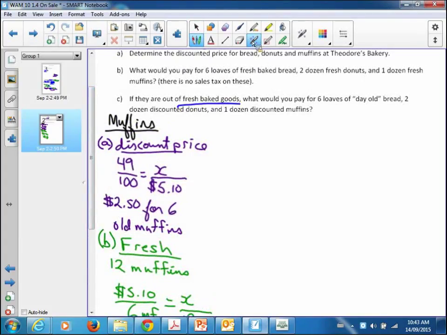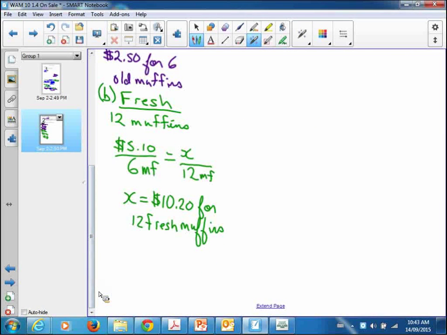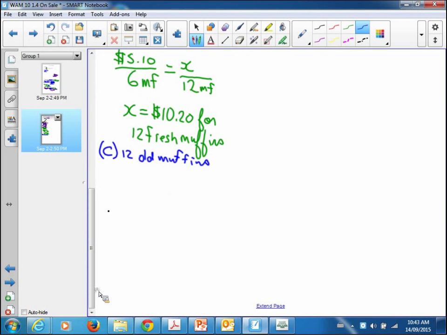So how much will you pay for a dozen discounted muffins? Same kind of setup, isn't it? 12 old, I'm going to say, muffins. I need a little height there because that's hard for me to write that low.